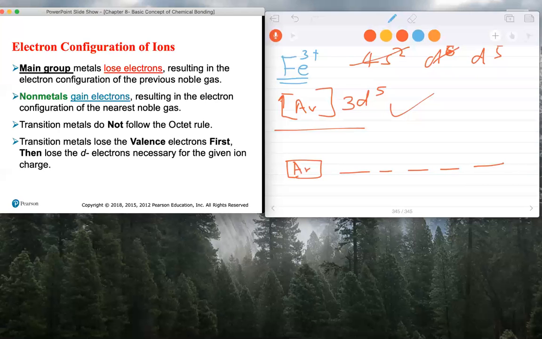Remember the 3d subshell has 5 orbitals, and I'm just going to have the 5 electrons, 1, 2, 3, 4, 5. They are single, they are degenerate, and they just open up. That's another method of writing electron configuration.